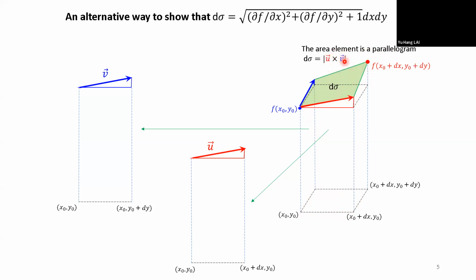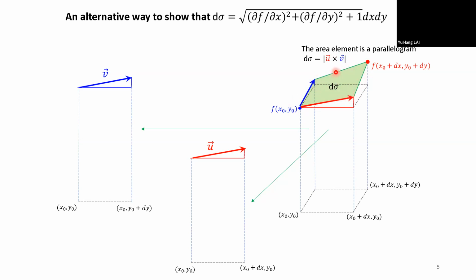So what is this formula? This formula is u cross v. So u is a vector along one of the sides of this d sigma surface. And this v vector is this blue vector, which goes along the other edge of this d sigma.